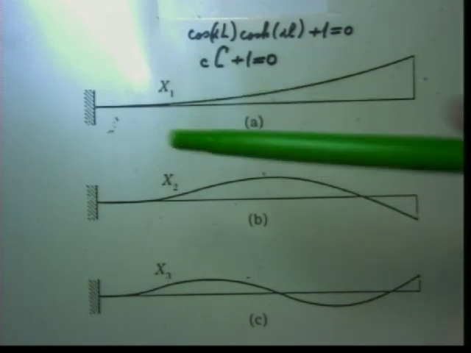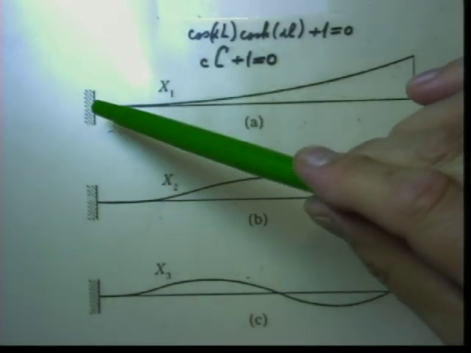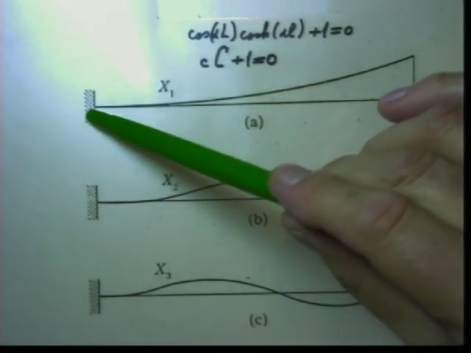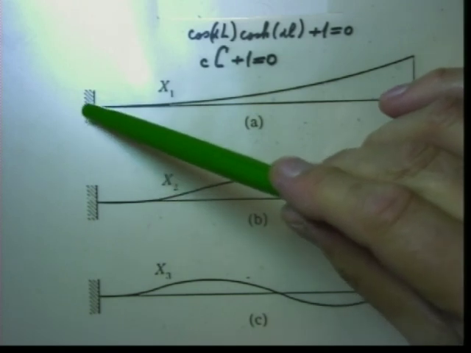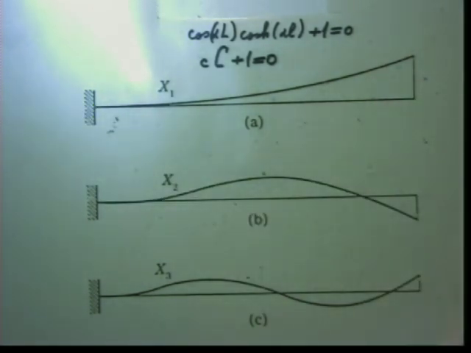Now pay attention. Here of course displacement equals 0. This is a node, but it is a boundary node. What is a node? Node is a place where the mode shape has 0 value. Please write down: node is a location where the natural mode has a 0 value.